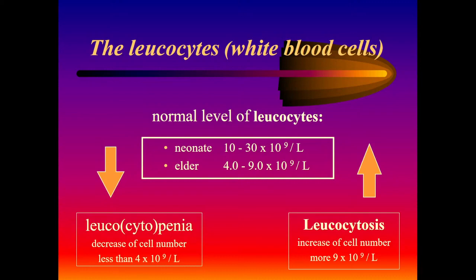Please note, a decrease of cell number to less than 4 times 10 to the 9th per liter is named leukocytopenia. An increase of cell number to more than 9 times 10 to the 9th per liter is named leukocytosis.